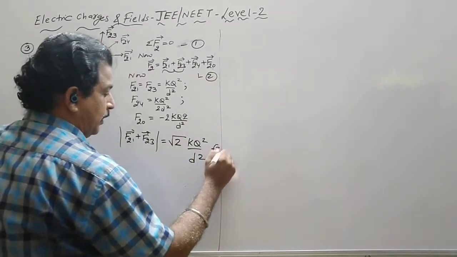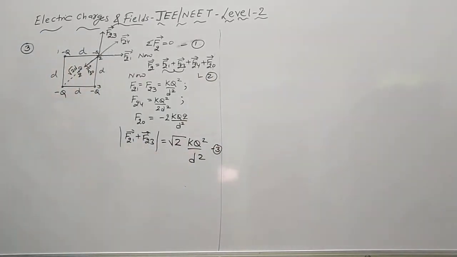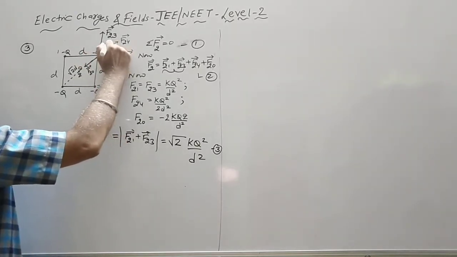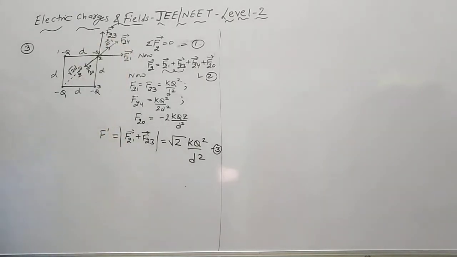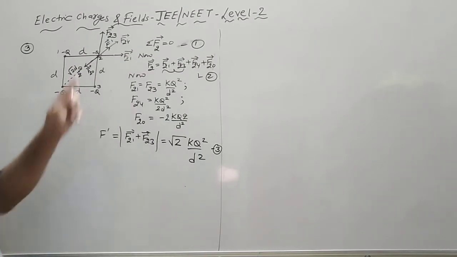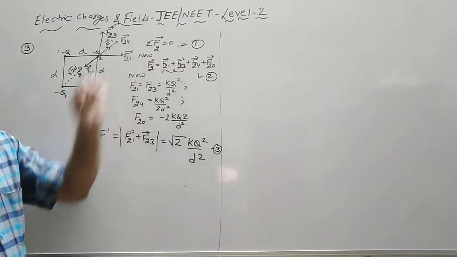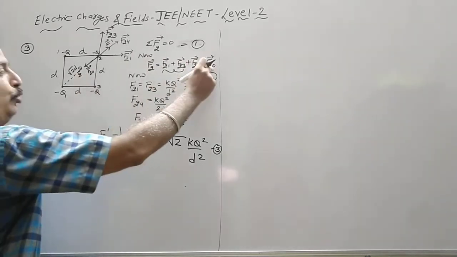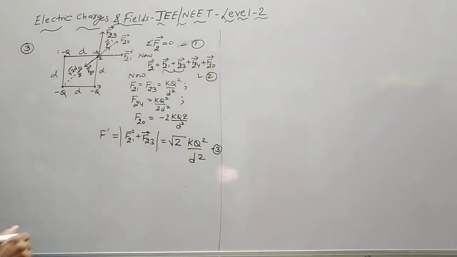Now what is the direction of this? Let us name this force as F dash. So this is the direction. Now clearly F dash and F24 are in the same direction, and F2 naught is in the opposite direction.